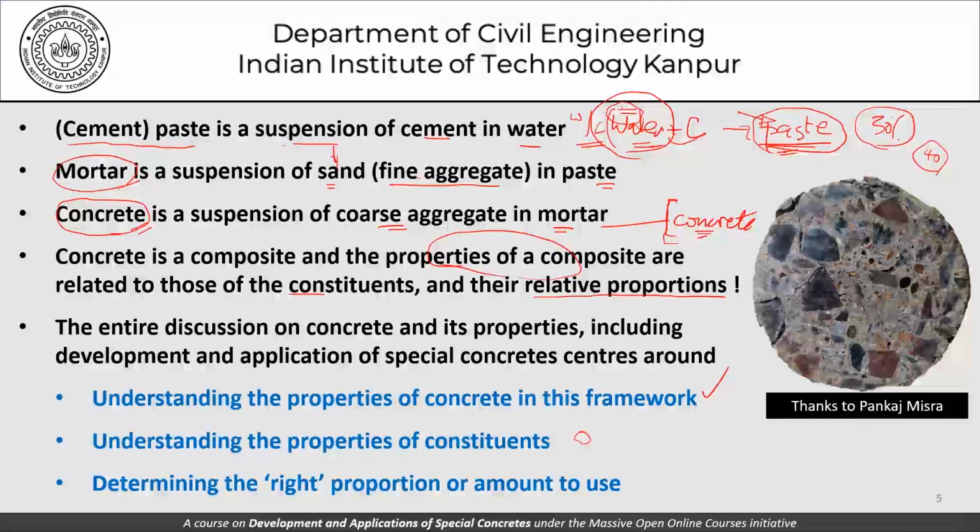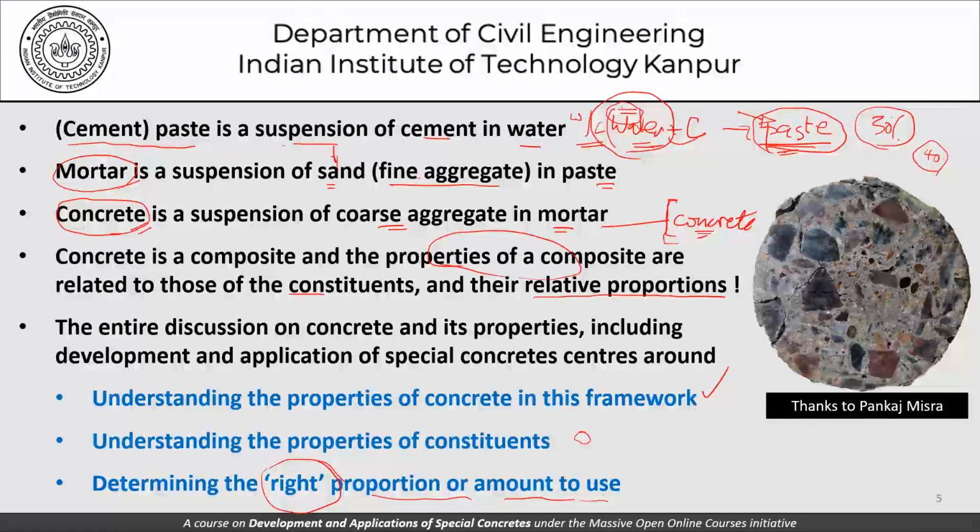Determining the right proportion or the amount to use is something which will be very specific to certain applications, and therefore what we'll basically be doing is studying the impact of varying proportions. If you add this, if you subtract that, if you add more of that or reduce some of this, how do the properties of the material change? Now, this picture gives you exactly this kind of framework.